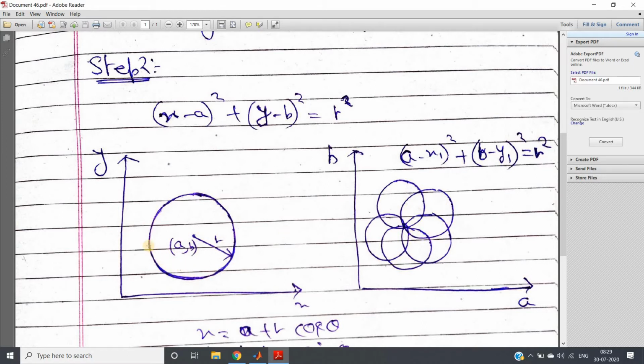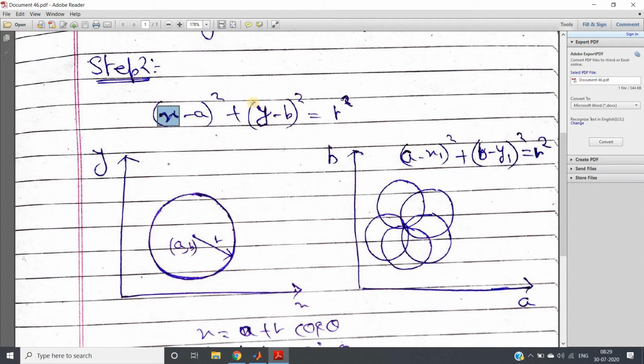Similarly here, all the points situated on the circle, x1 y1, x2 y2, up to xn yn, we will put into this equation. And the beauty is that if you put any point present on the perimeter of the circle, the equation will remain unchanged.